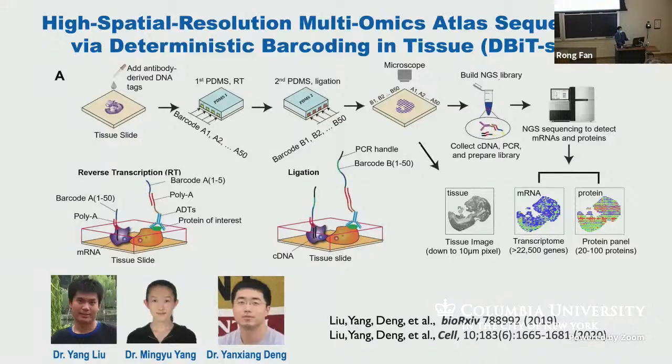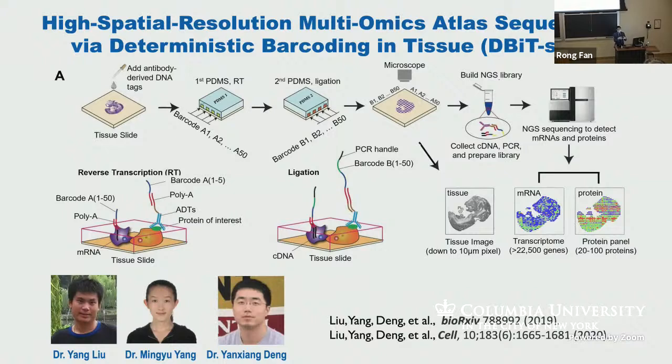Then you remove the first device and put another microfluidic device on top, with the microchannels perpendicular to the first flow direction, to introduce the second set of DNA barcodes and then ligate them together. At the intersection, you have the combination of A and B. That combination gives you a very unique spatial address code.